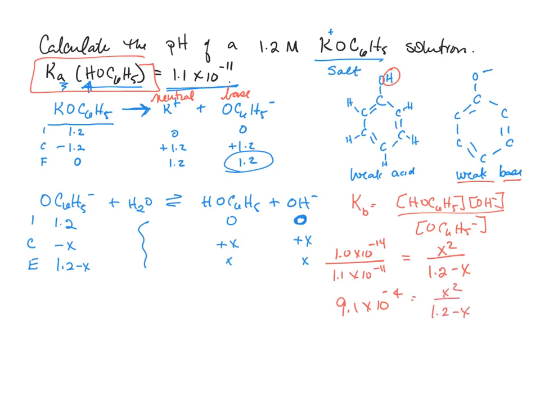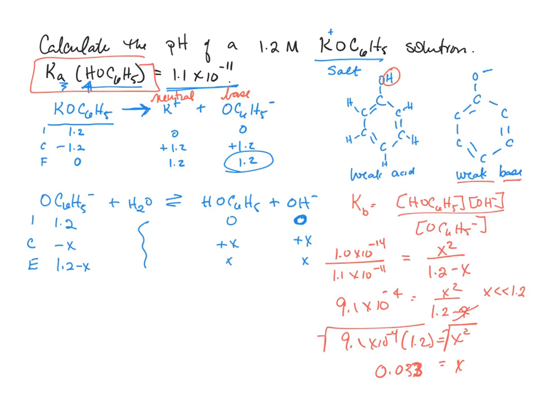And let's try the assumption that x is very small, much smaller than the 1.2, to make it easy to solve for x. It would be 9.1 times 10 to the minus 4 times 1.2 is equal to x squared. So we take the square root of both sides, and we will get x is equal to 0.033.